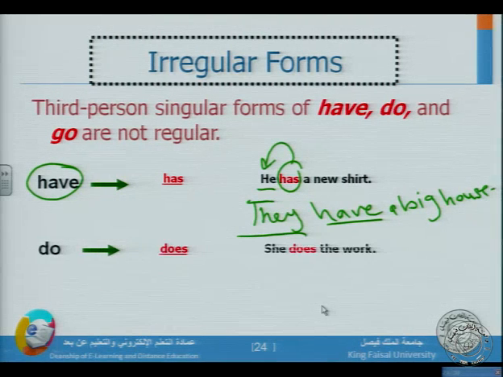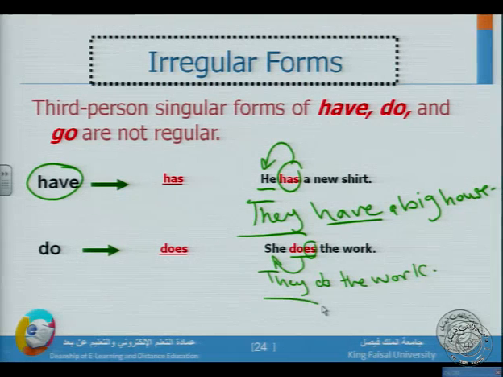Whereas do with third person singular becomes does. So she does the work. She does, we added ES, does, because she is a singular subject. But we use do if we say they do the work.